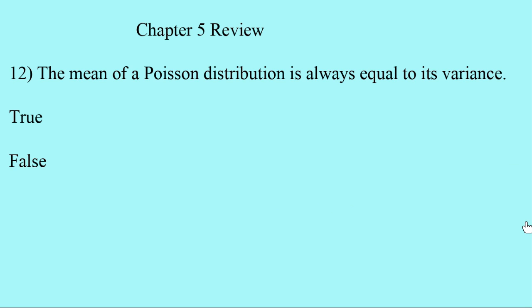So the answer to this question is true or false. If you're not sure, okay, it's true. And is that a property of the Poisson distribution? That the mean is always equal to the variance?